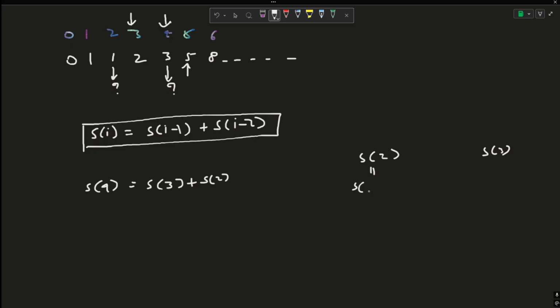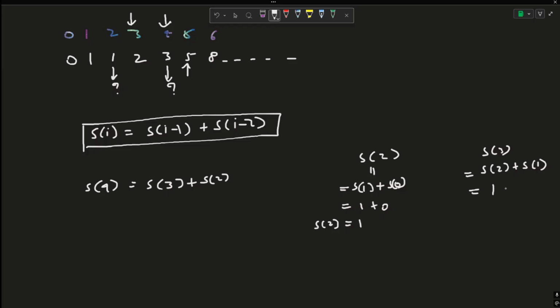S of 2 would be S of 1 plus S of 0, and S of 3 would be S of 2 plus S of 1. S of 1 is 1, S of 0 is 0, so S of 2 is 1.